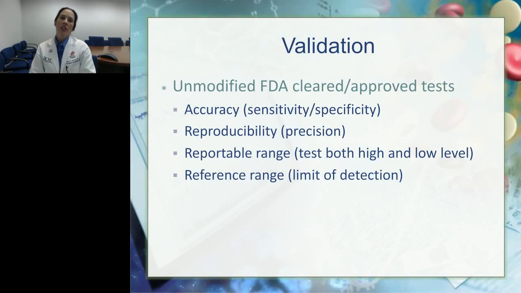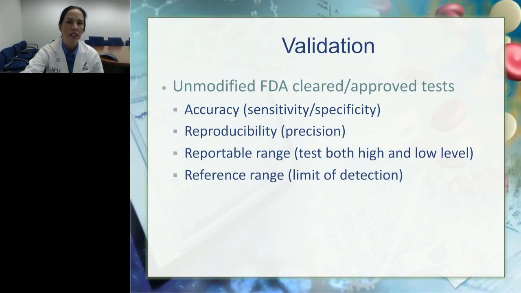So, validation. What do you do? Well, for an unmodified FDA cleared or approved test, we have to establish accuracy, reproducibility, reportable range, and reference range. And accuracy in this instance is a misnomer.